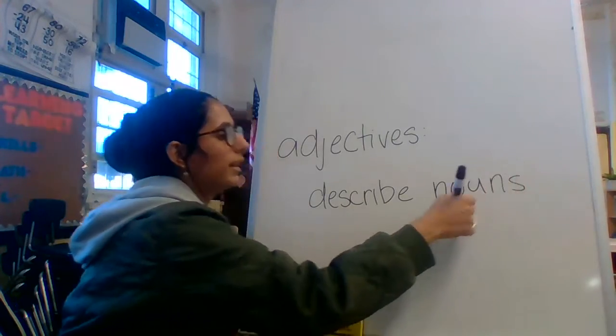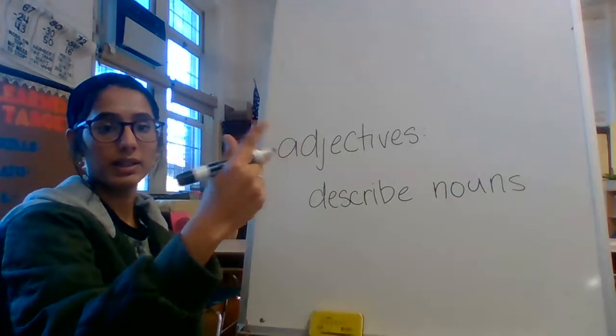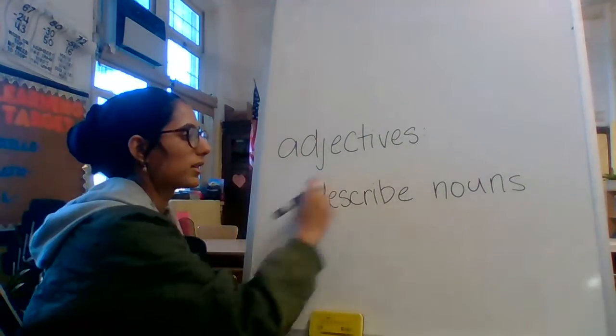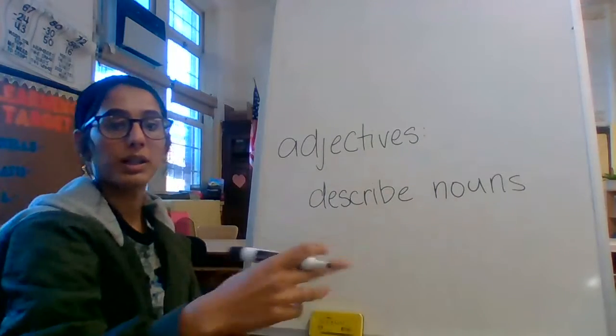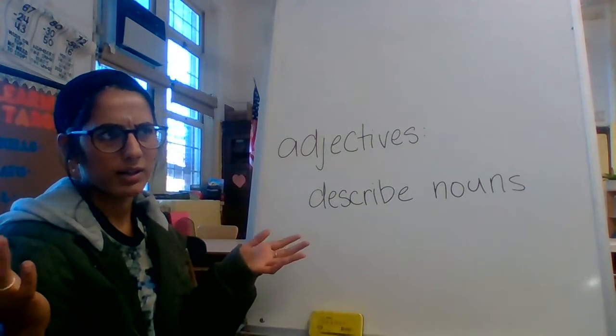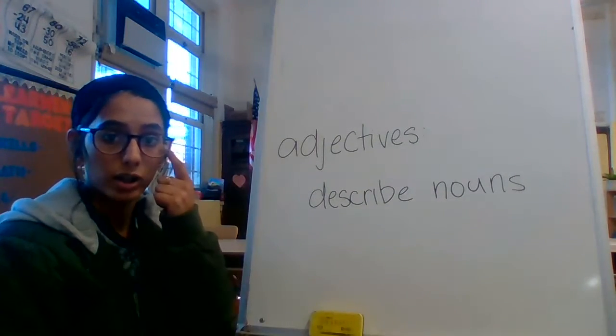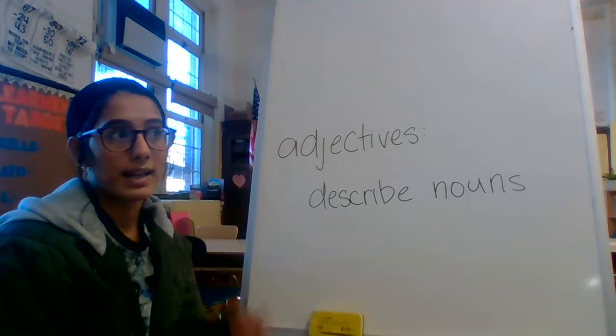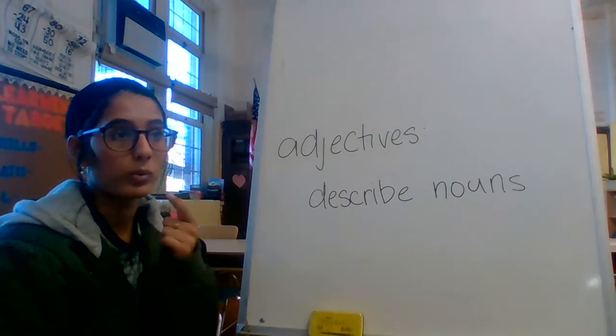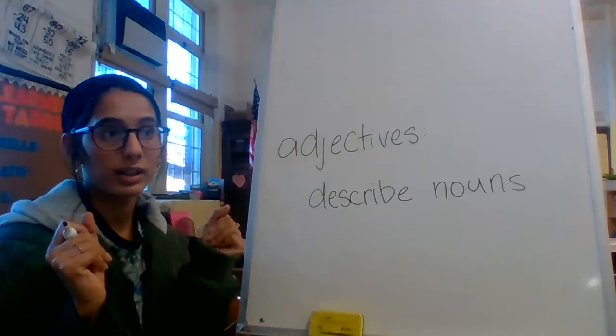And remember, a noun is a person, a place, or a thing. So they're words that describe a person, place, or thing. What do I mean by that? So you could describe something by how it looks, by what it sounds like, what it smells like, what it tastes like, what it feels like.